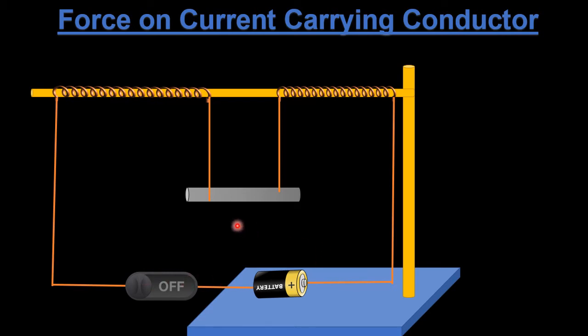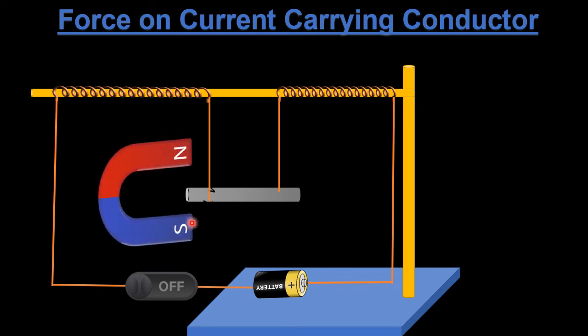Now we have to place here a magnet, a horseshoe magnet, and it has north pole upward and south pole downward. What happens here is, when we switch on, the current flows from right to left through the conductor.